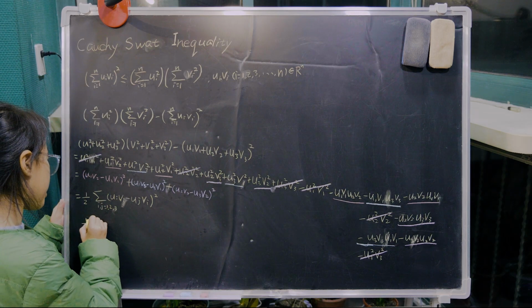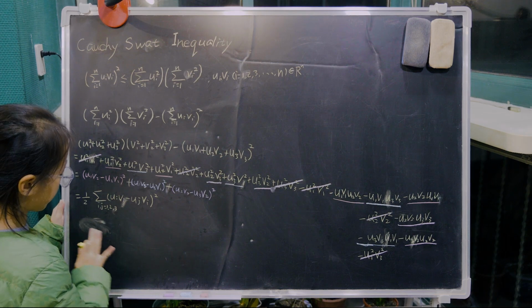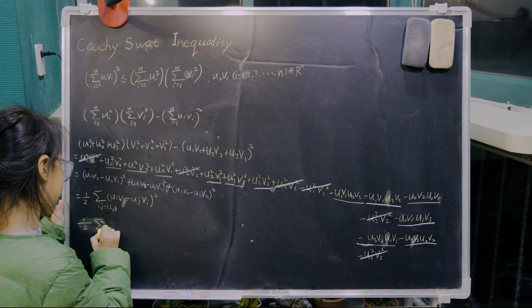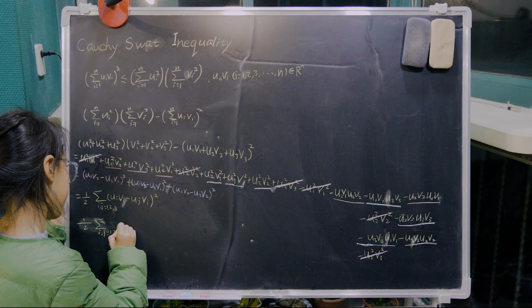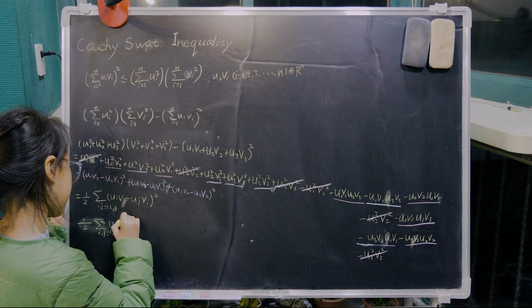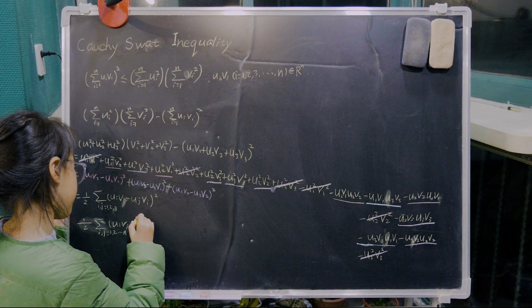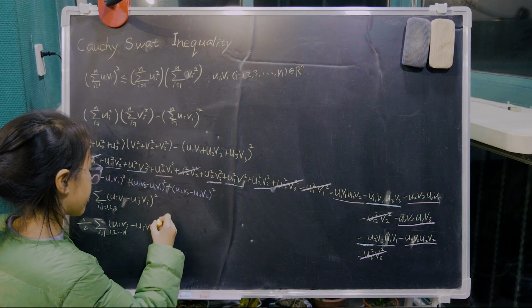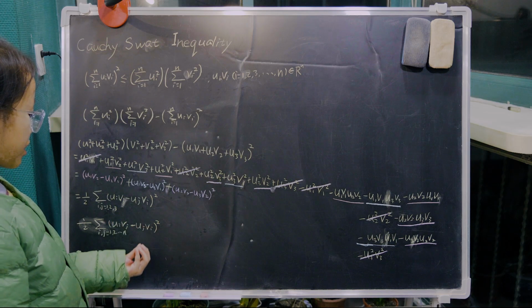All we have now is 1 over 2 sigma, i, j equals 1 to n, and what's inside here is u_i v_j minus u_j v_i, bracket squared. So what do we do next? Now you know what this is about.